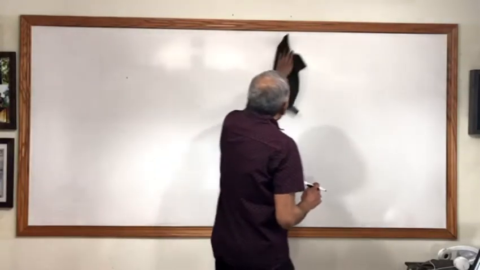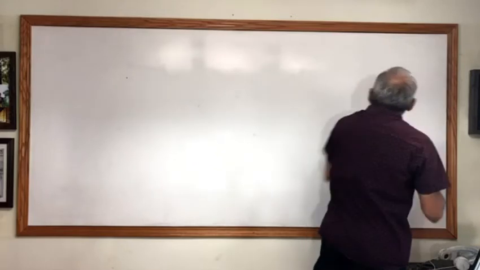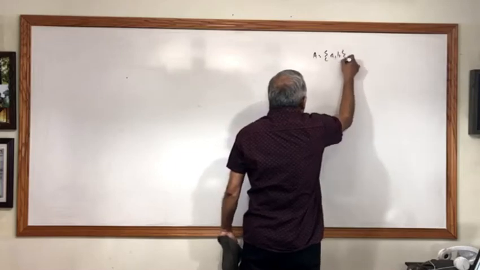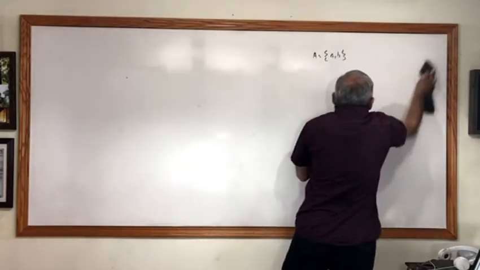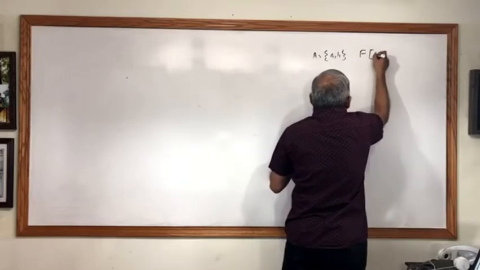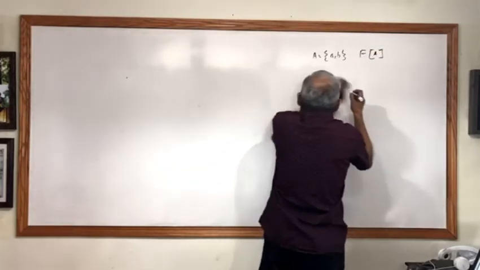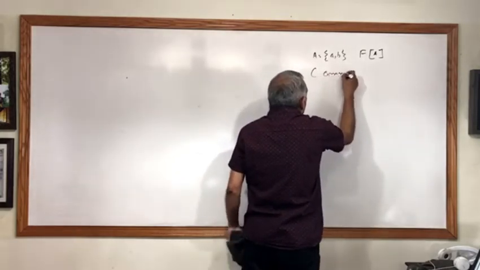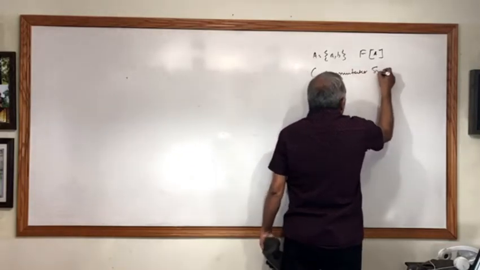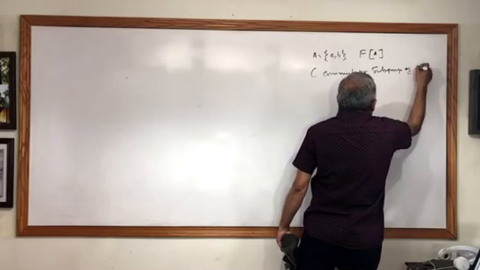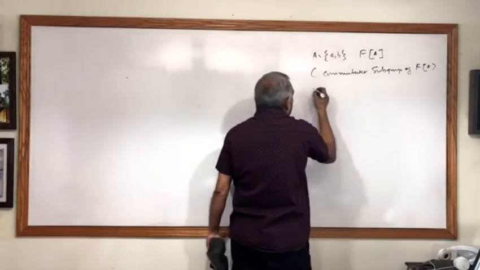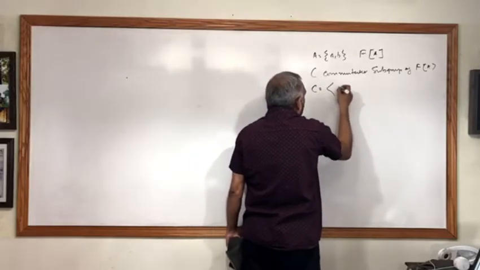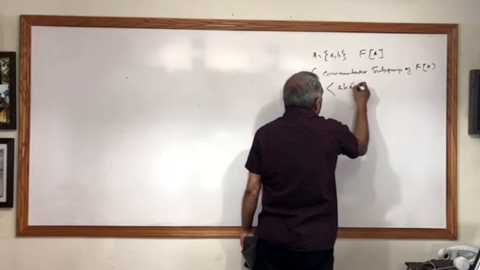So what we have done so far is, we have a set A with 2 elements, and we constructed the free group generated by this, and we also constructed the commutator subgroup of F of A, and that is basically C, the subgroup generated by A B A inverse B inverse.